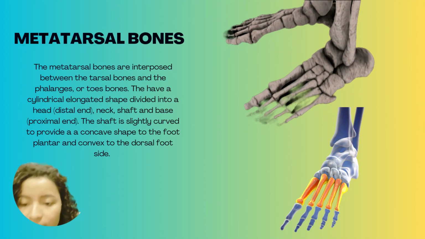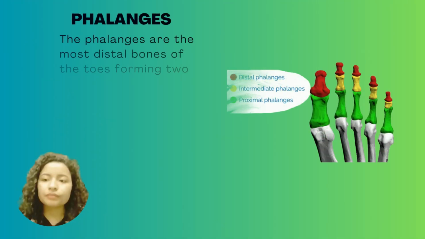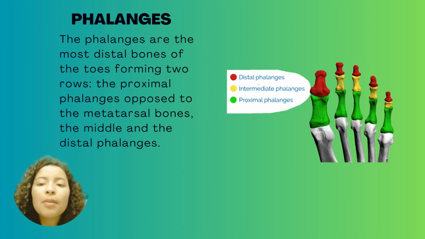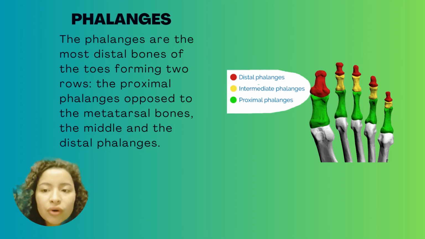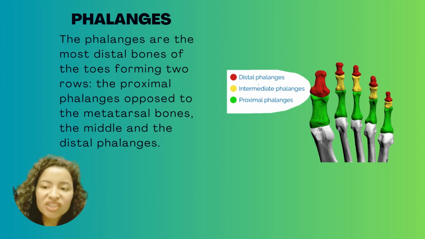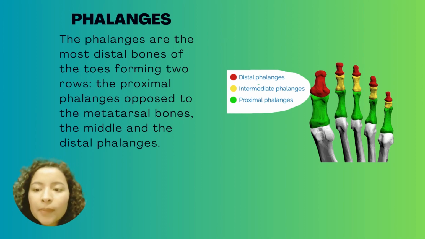The phalanges are the most distal bones of the toes, forming three rows: the proximal phalanges opposed to the metatarsal bones, the middle, and the distal phalanges, except for the hallux, which has two, proximal and distal.